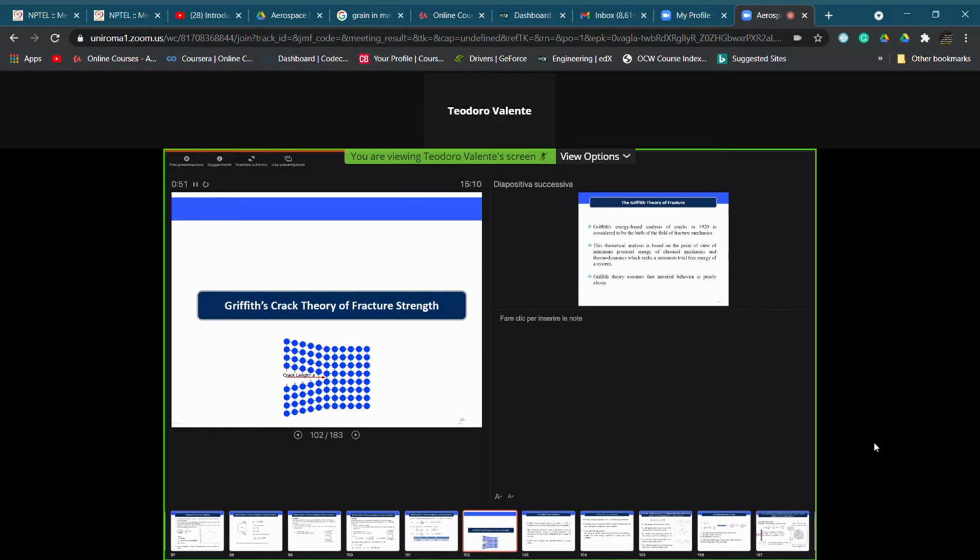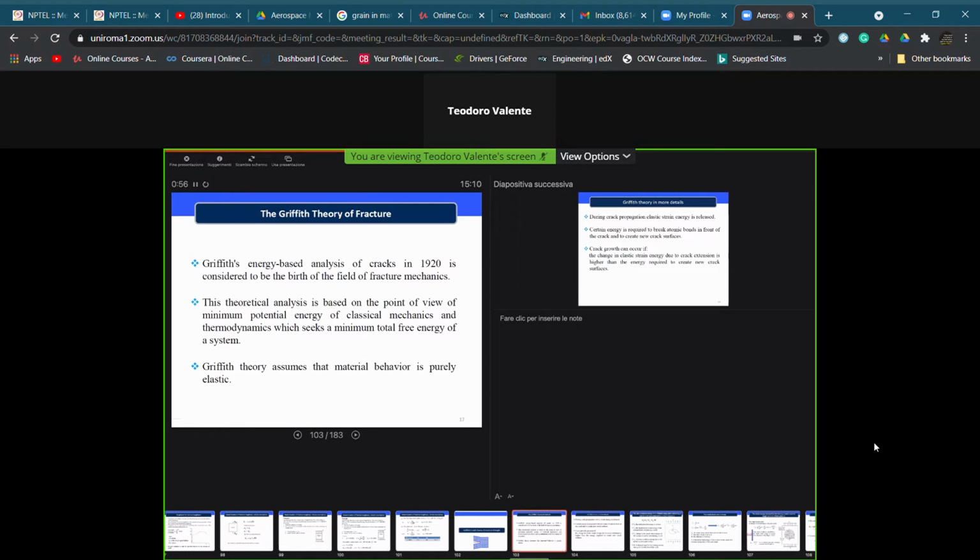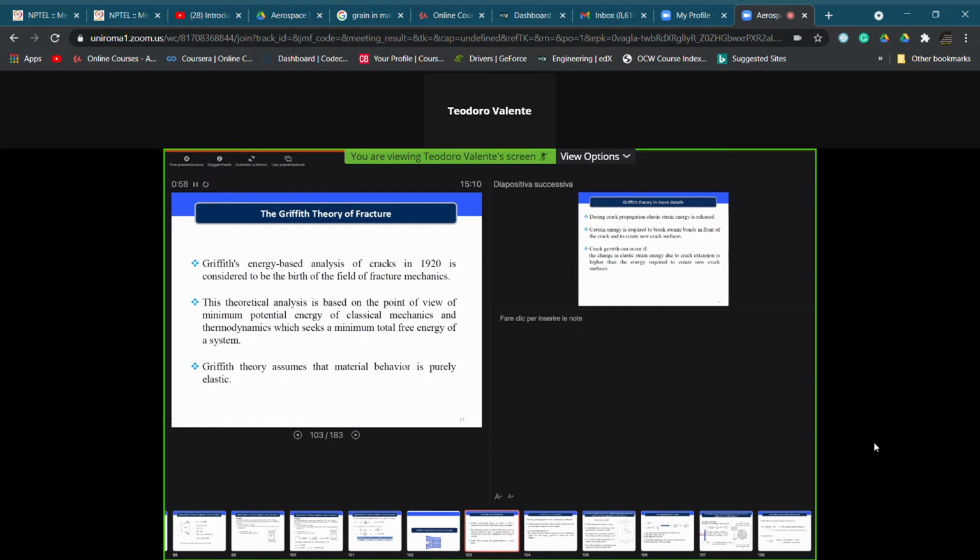So, which are the basic considerations that we have to make in this case? First of all, it's quite an old one because it was developed in the 19th century. It is also considered as, let me say, the starting point of fracture mechanics.